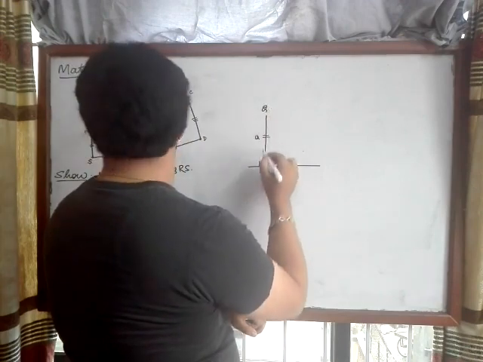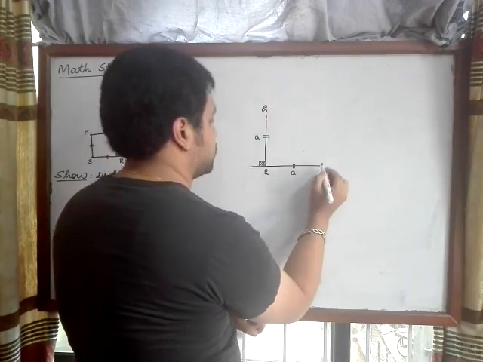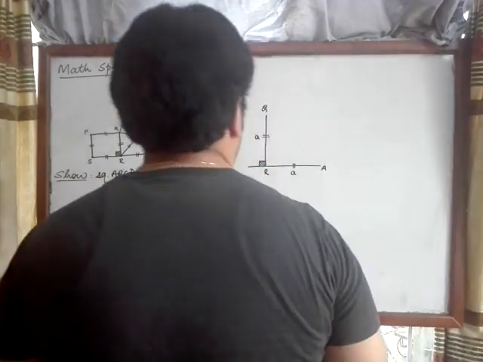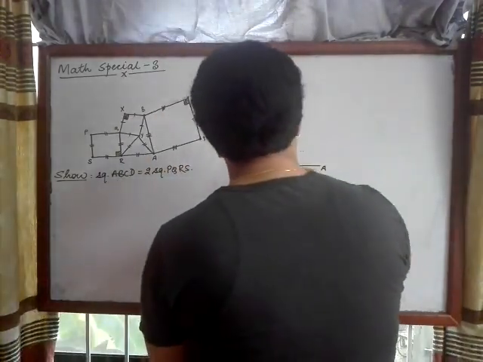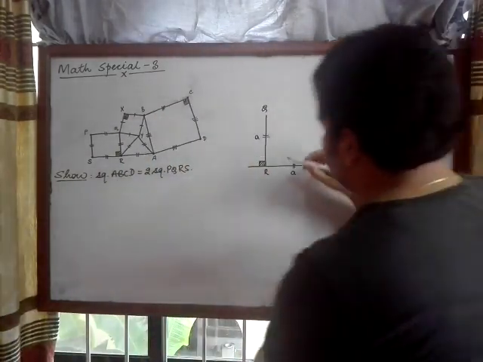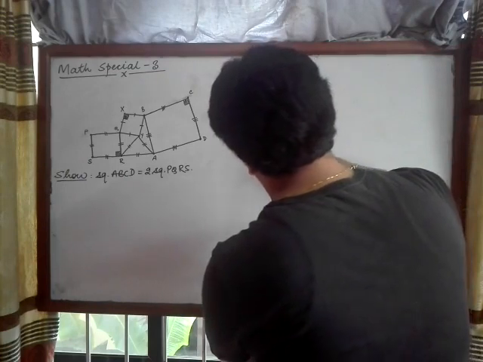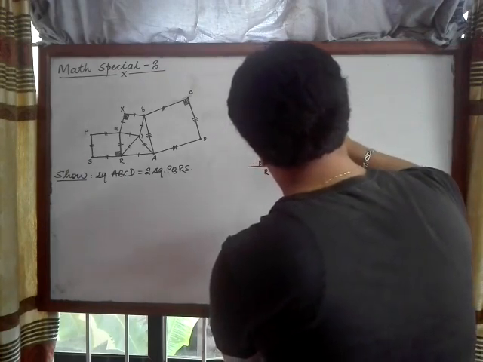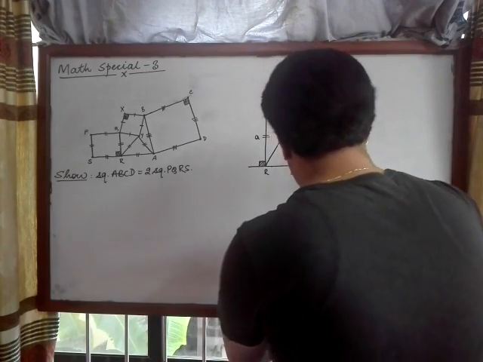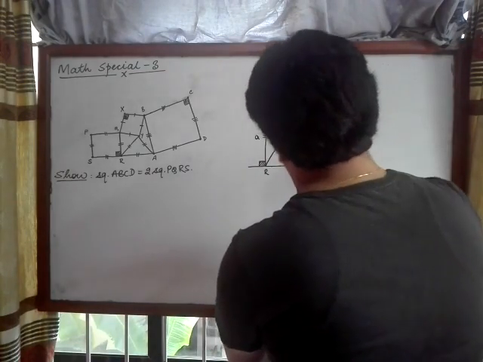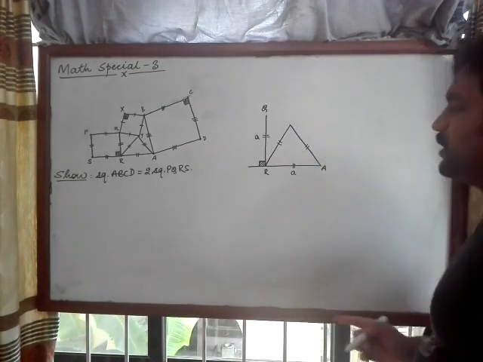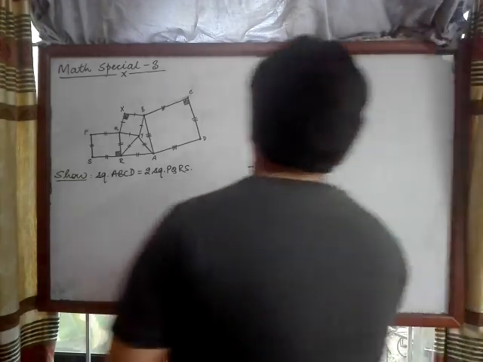This is Q, this is R, and this is A. Next, what we have is an equilateral triangle like this.